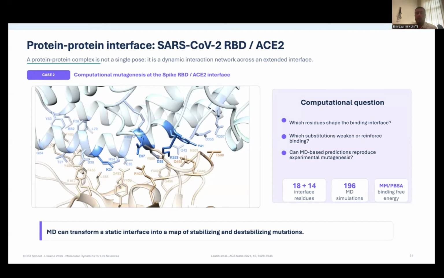We performed a lot of molecular dynamics simulations, almost 200 different replicates, in order to first define the interface between these two proteins: which are the spike amino acids most involved in the binding, and which are the ACE2 amino acids most involved in the binding.